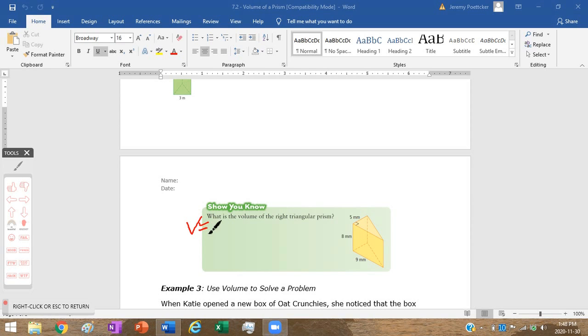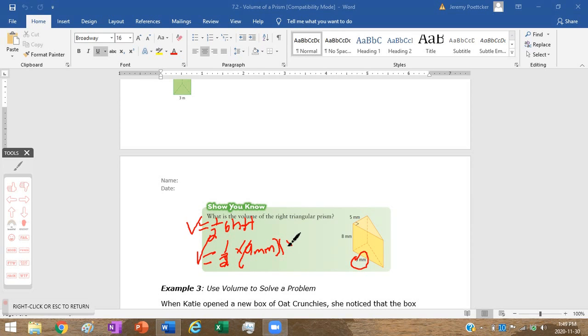Alright, so to show your work here, V equals 1/2 BH, big H. Equals 1/2 times, I'm going to use this as our base, 9 millimeters.